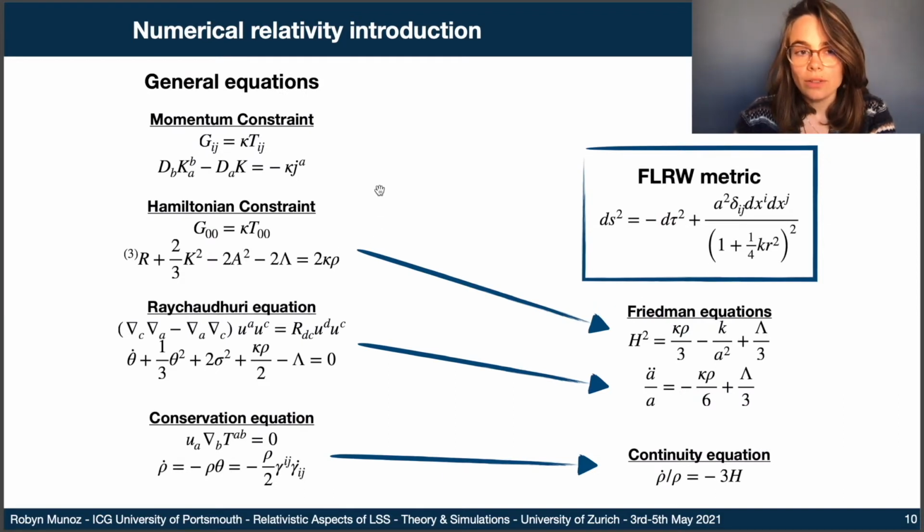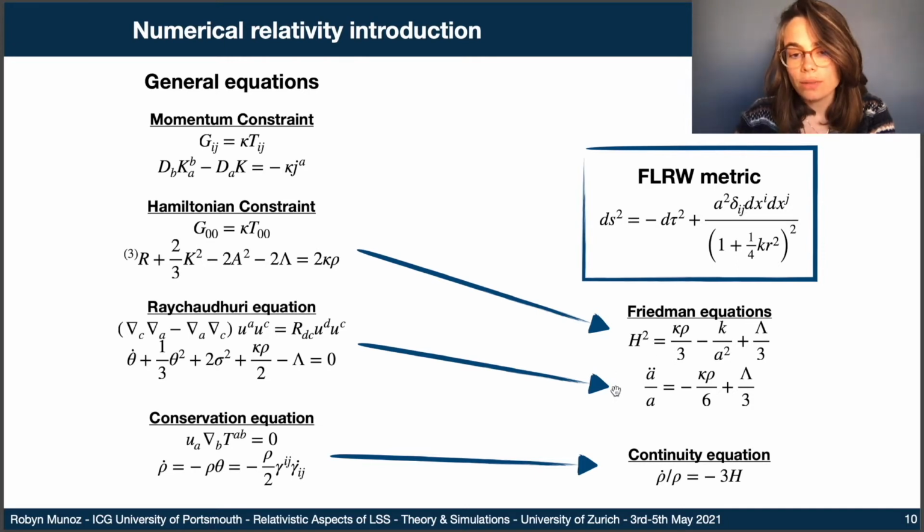To monitor the simulation and know if it's working, we can monitor the momentum constraint and the Hamiltonian constraint that are both obtained from the Einstein equations. Should you apply the FLRW metric to these, you will see that the momentum constraint cancels out and the Hamiltonian constraint becomes the first Friedmann equation.